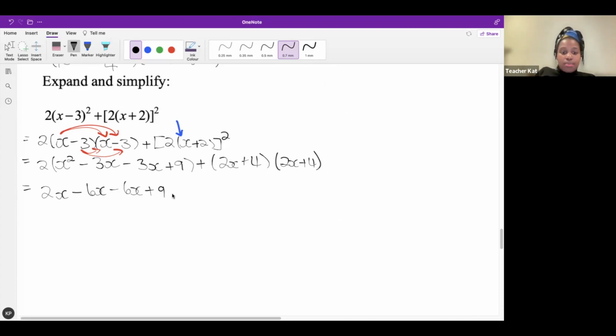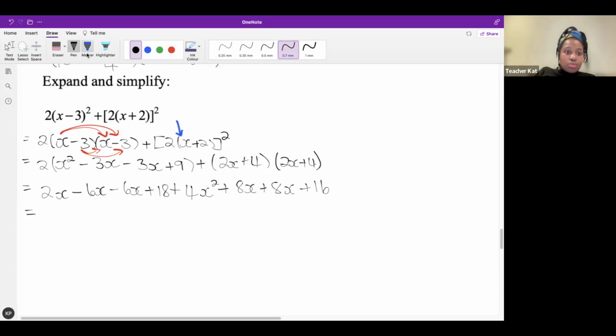Then we have plus 2x times 2x, which gives 4x squared, plus 2x times 4, which is plus 8x, plus another 8x, plus 4 times 4, which is 16.